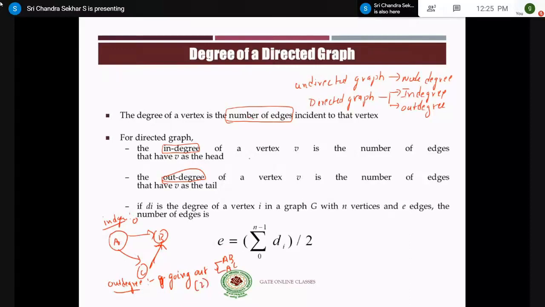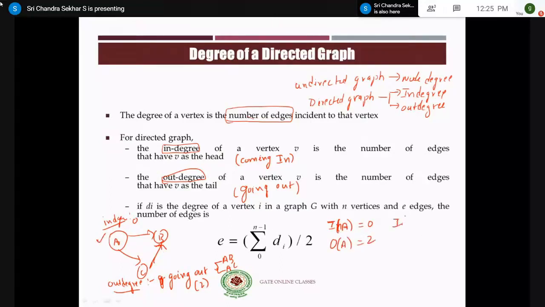Therefore you can remember that in degree is the number of edges that are coming in, and out degree is the number of edges that are going out, right? I will represent in degree with I. In degree of A is 0, out degree of A is 2 in this example, right?